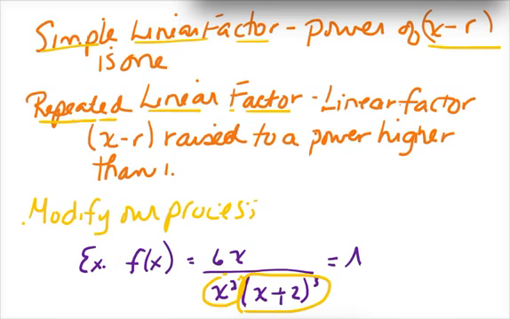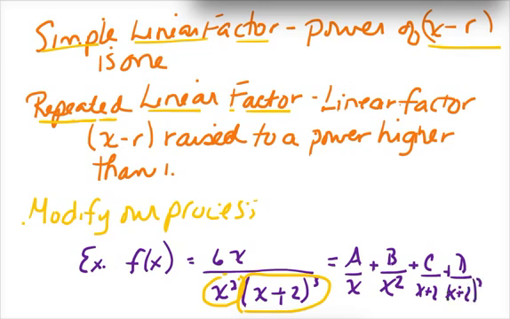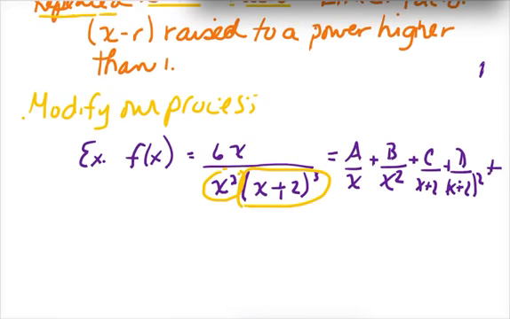And how they would decompose is like this. We would decompose it into a over x for the first power, plus b over x squared for the second power, plus c over x plus 2, plus d over x plus 2 squared, plus the fifth and final term would be e over x plus 3 cubed.